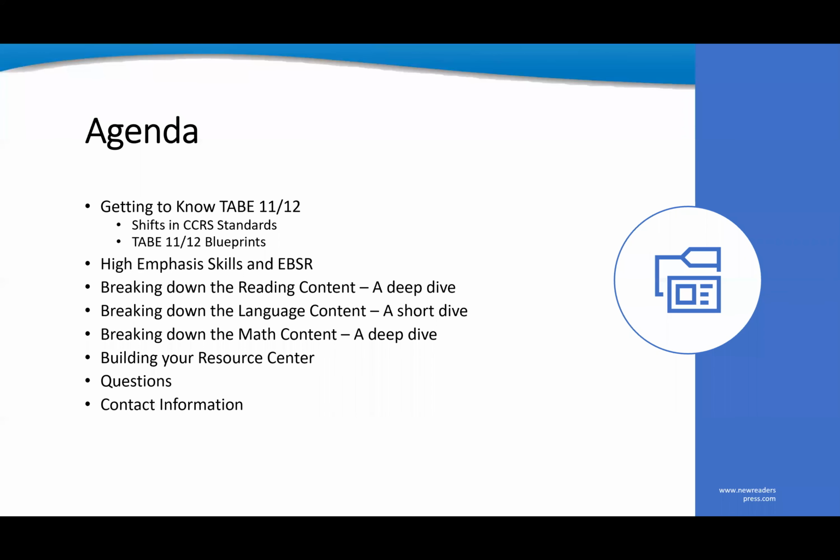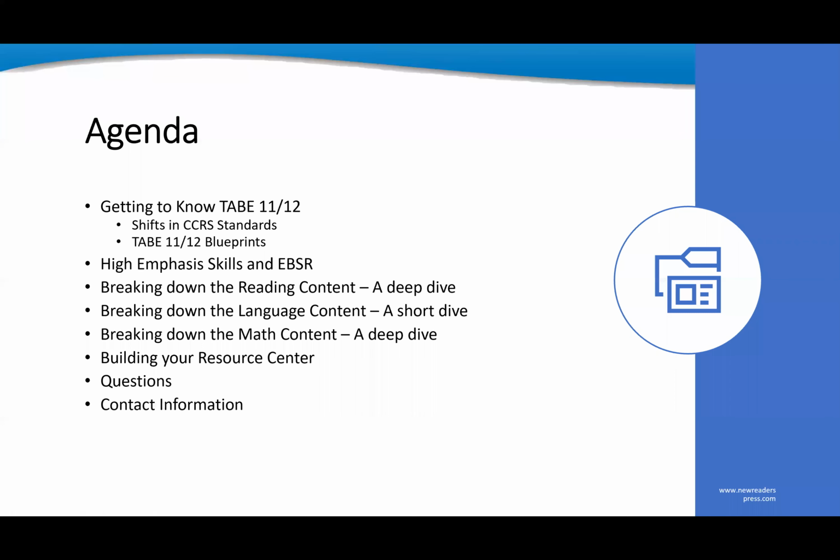I just want to review real quick what our agenda is going to look like today. We're going to start with a look at the shift in the college and career readiness standards that have led to these TABE changes. Then we'll briefly review the TABE blueprints, paying particular attention to the high emphasis levels and the evidence-based selective response questions on the reading content. We'll take a deep dive into each of the content areas.